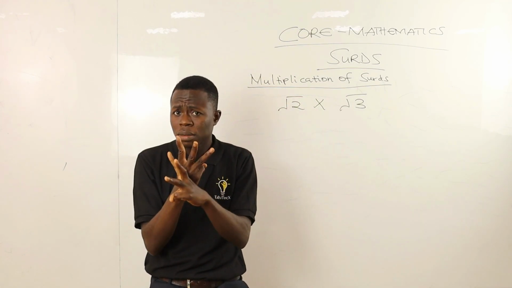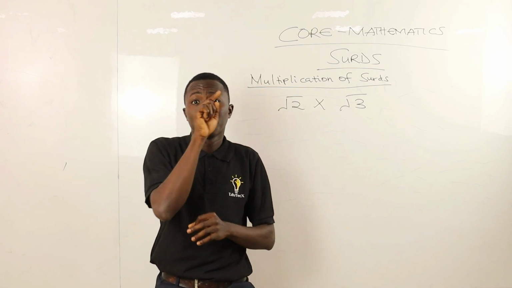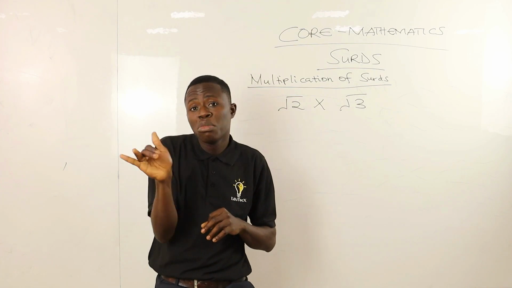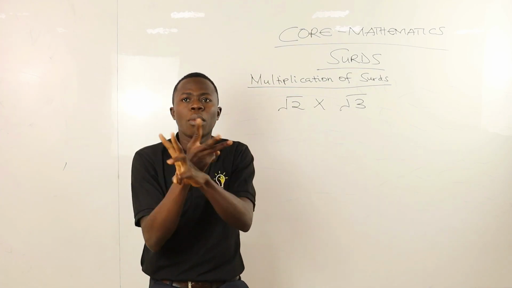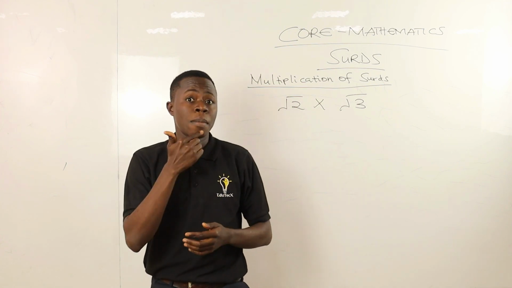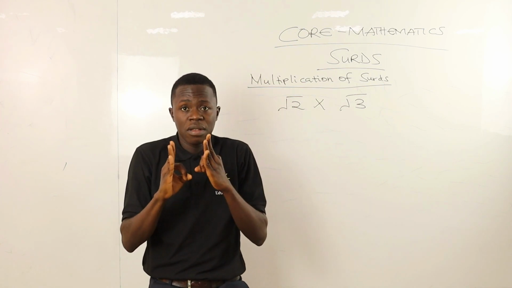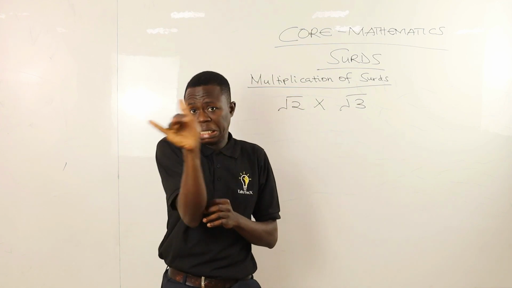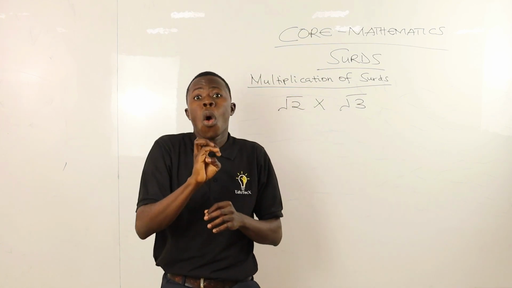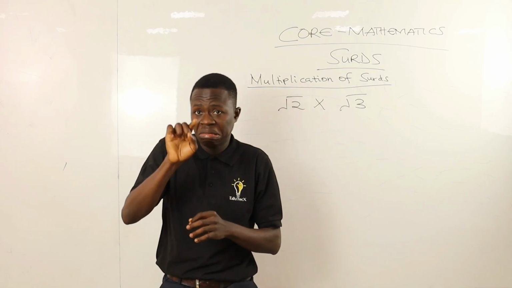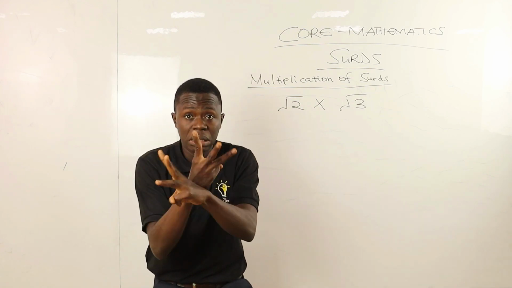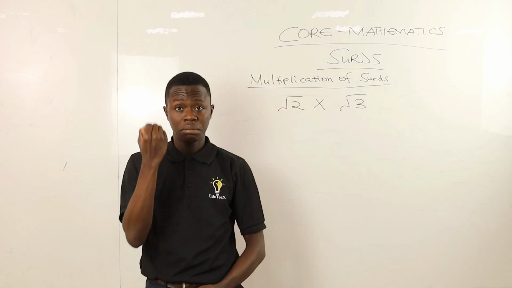Here, whether the numbers under the square root sign are the same or not the same, you can multiply them. The key word here is multiply. So you realize that the addition and subtraction of sets is quite different from multiplication of sets. Now let's go back to multiplication of sets.